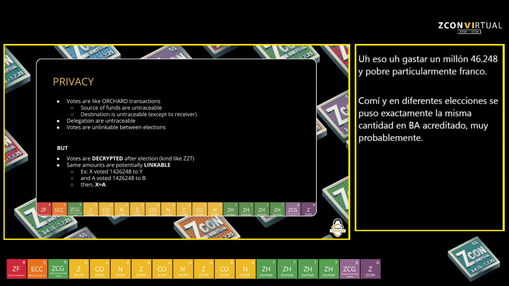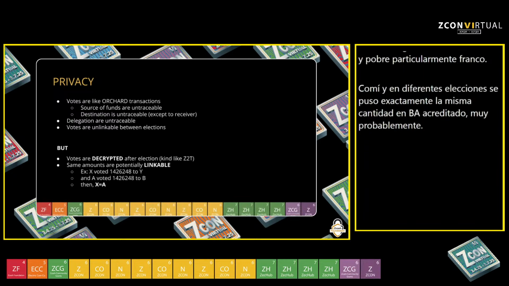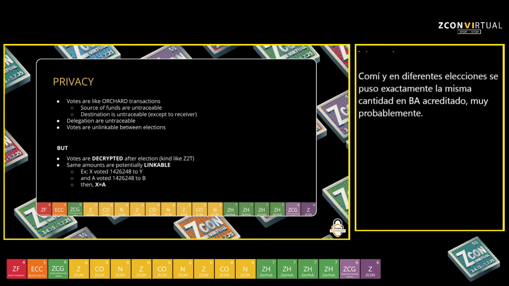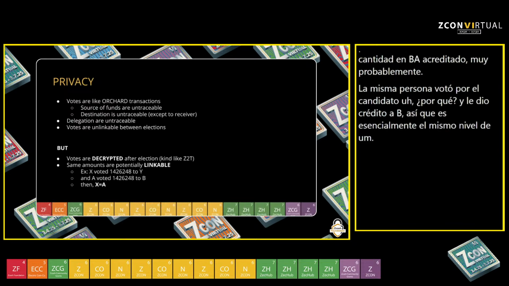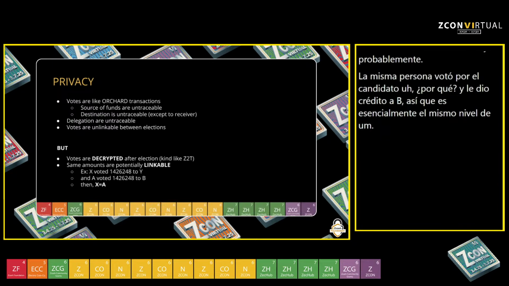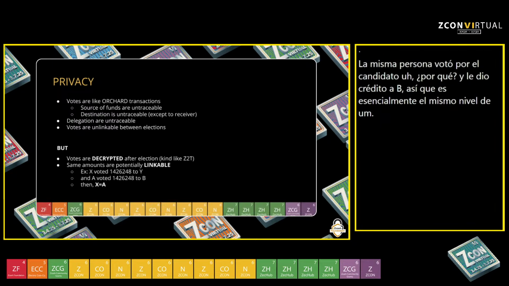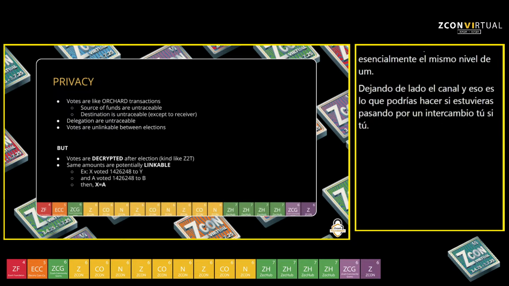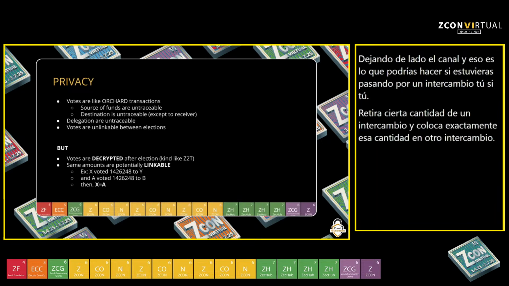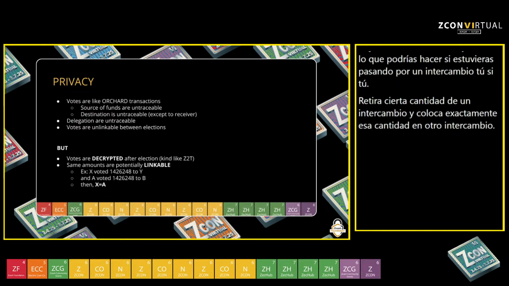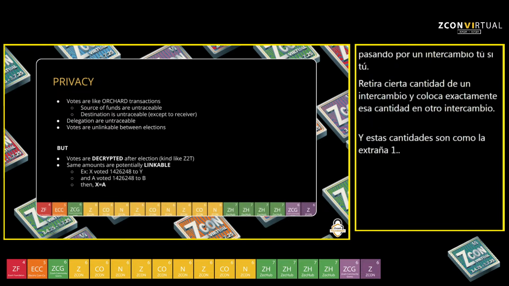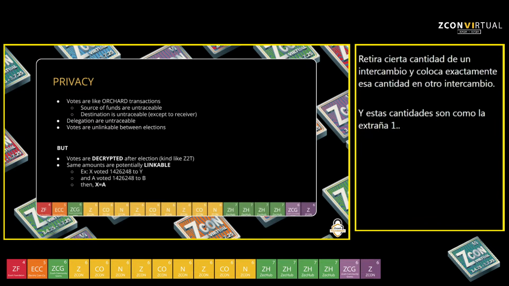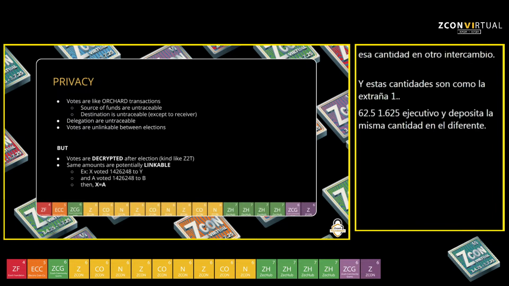It's essentially the same level of side channel analysis that you would be able to do if you were going through an exchange. If you withdraw a certain amount from an exchange and you put that exact amount on another exchange, and the amounts are very strange, like 1.625 ZEC, then it's most likely that you are the same person.